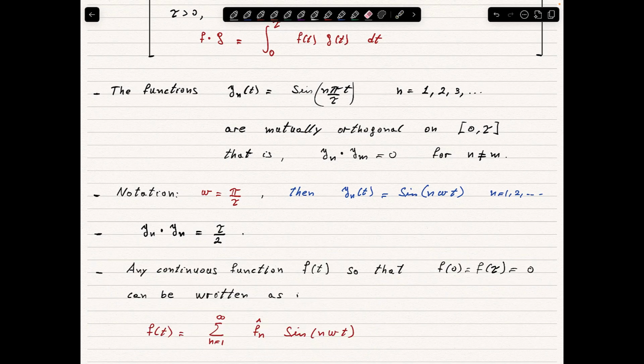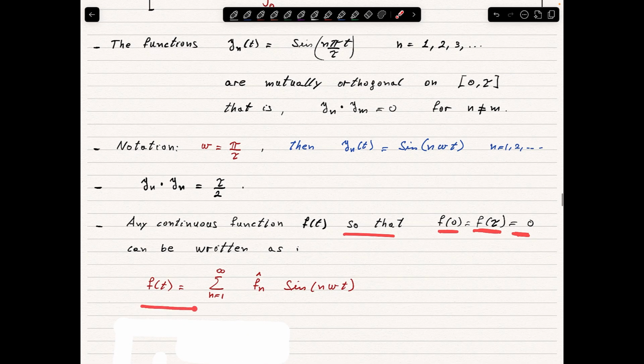So now, any continuous function f of t, so that it vanishes at 0 and vanishes at the other side of the interval that we are calling tau, then it can be written in this form. This is what we know from the simple Sturm-Liouville problem we have solved in a previous video in the space variable. Everything also works for a time variable.